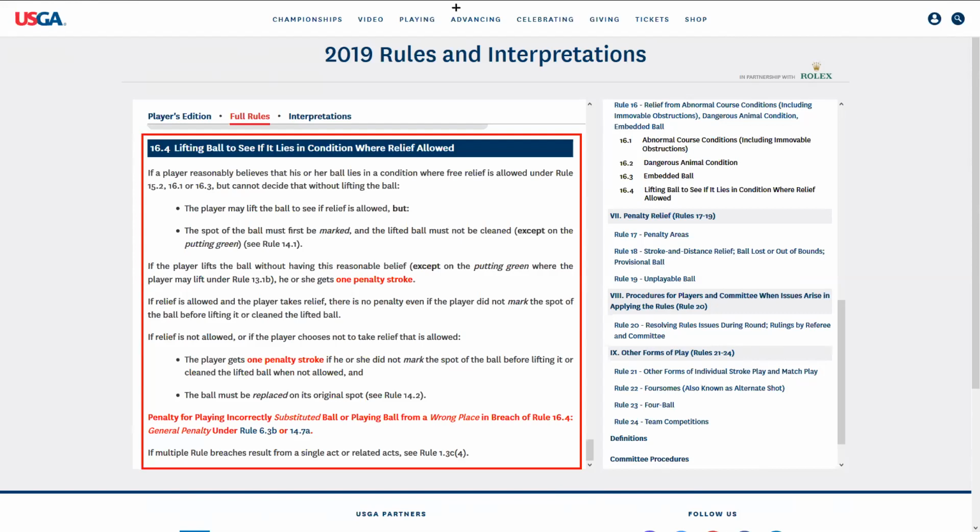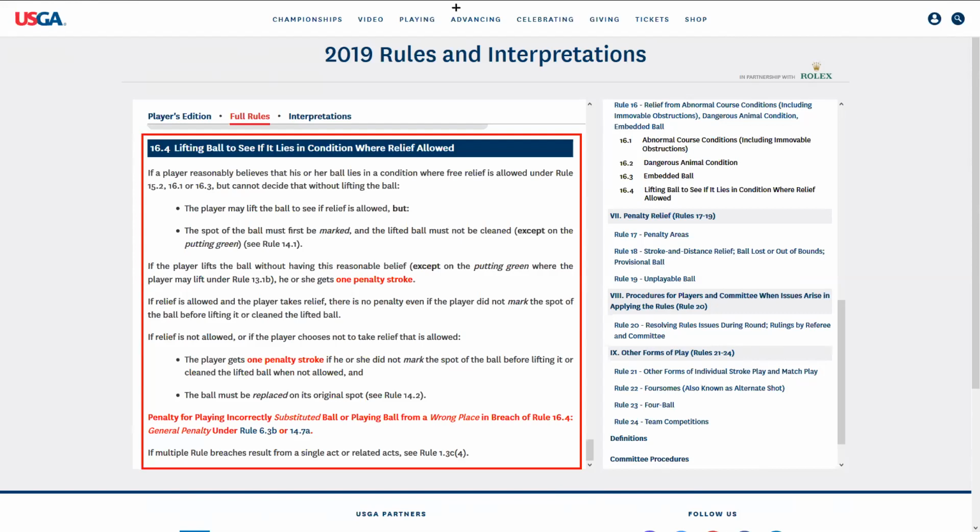Let me see if I can clarify that for the people online who didn't hear that. The question is, your ball is on a cart path. Your nearest point of complete relief is in an undesirable location, maybe in the middle of a tree. And the question is, can you go to the other side of the cart path?